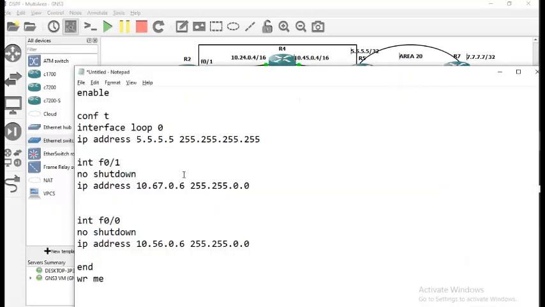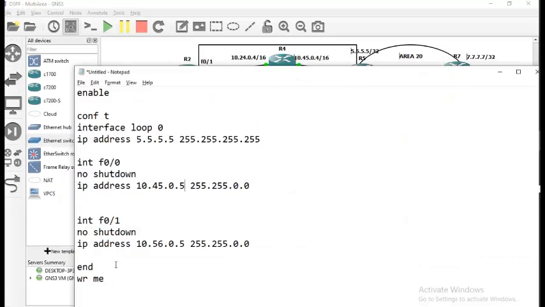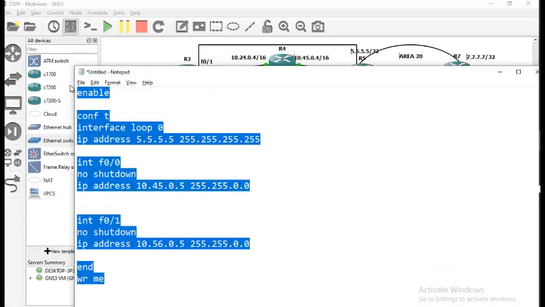F0/1 and 5 has got 156.5 and F0/0 has got 45. Perfect. So when I paste this, router 5 is also ready.